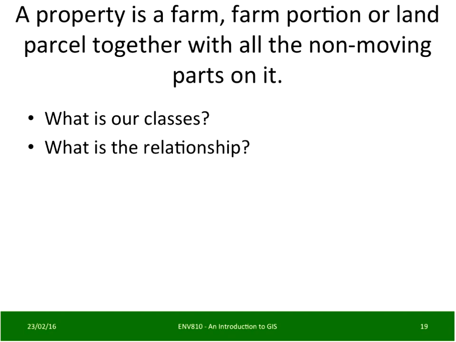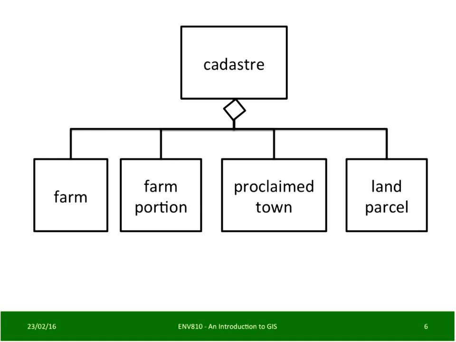Okay, a property is a farm portion, a land parcel with all its moving parts. So previously we said the farm portion, the land parcel, and the proclaimed town form part of the cadastre. So we previously had this diagram.